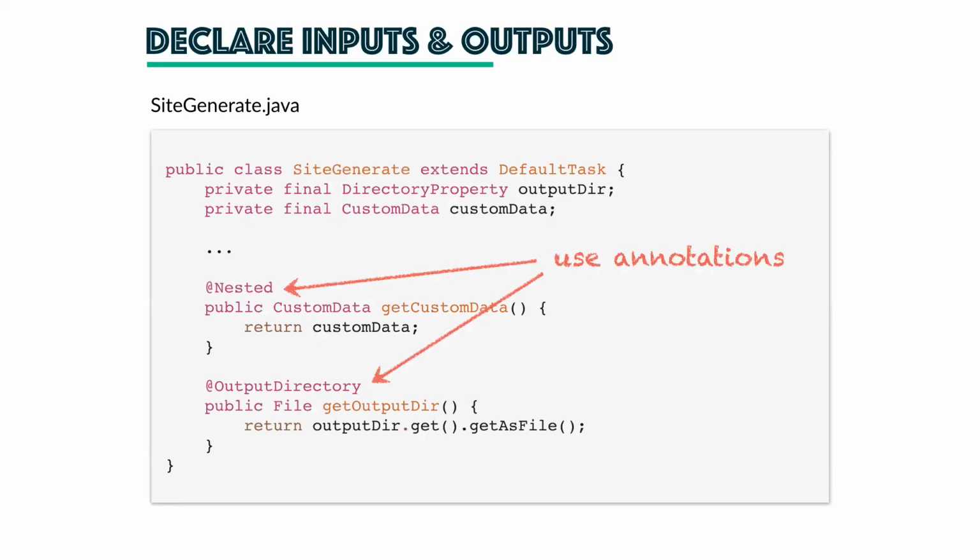Here we have a custom task implementation. By default, that means we are extending DefaultTask. And as part of making the task configurable, we also expose certain properties here. So up here, we can see that we have an output dir property and a custom data property. And to make those enabled for incremental build functionality, we have to add the annotations that are provided by the Gradle API. In this case, we say, well, the output directory should be treated as an output directory.